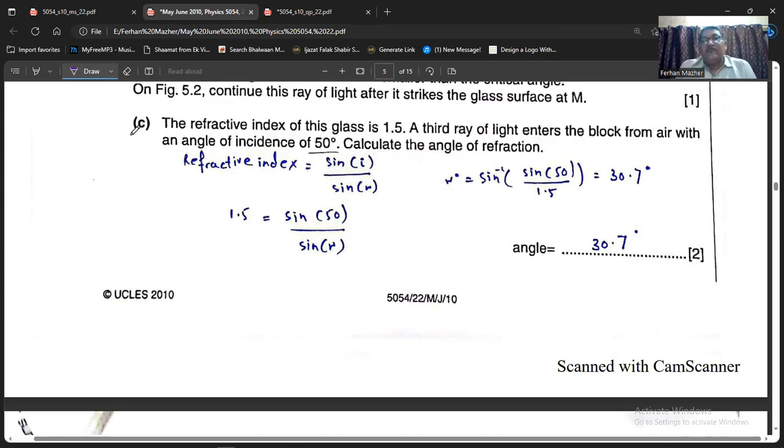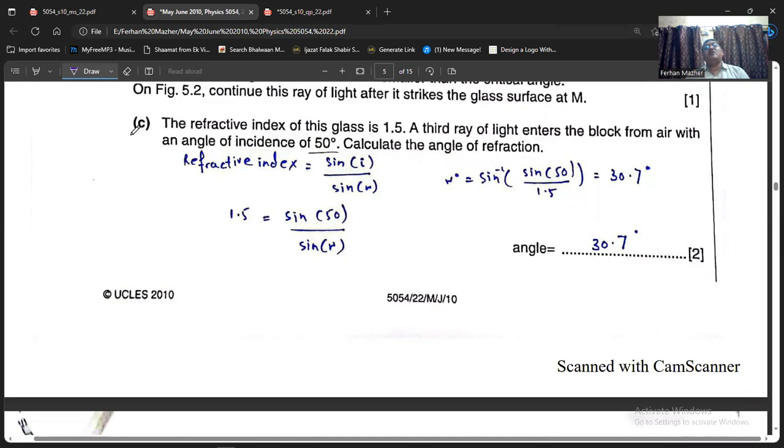Here the light is entering from air into the glass. So in this formula, n is equal to sine i by sine r. Sometimes this formula is n equals sine r by sine i.